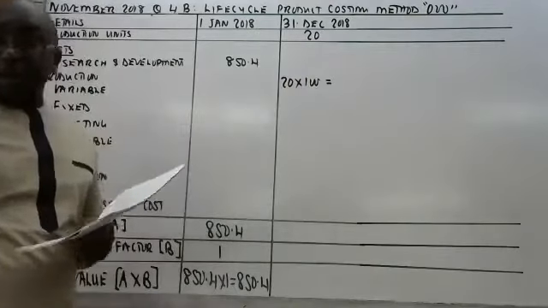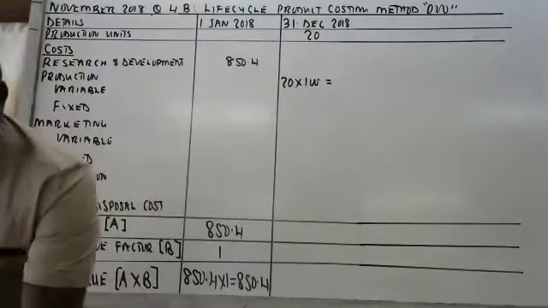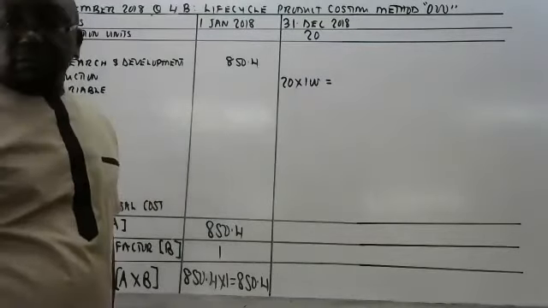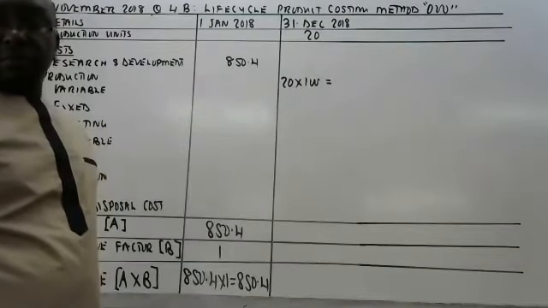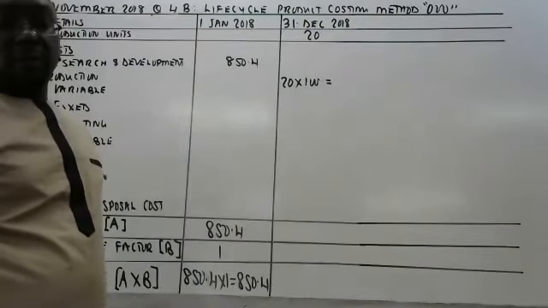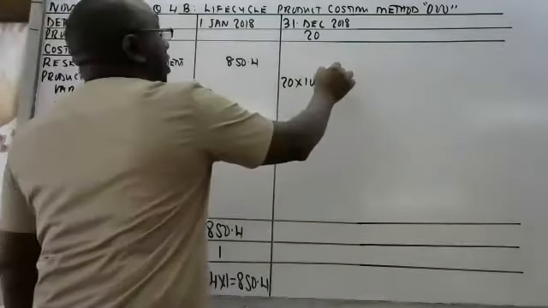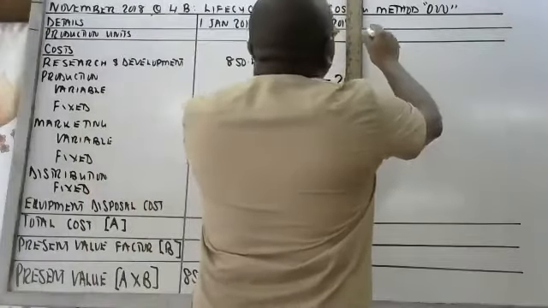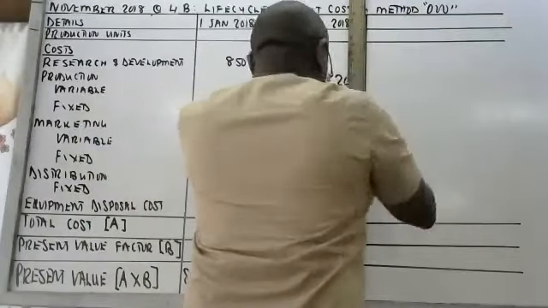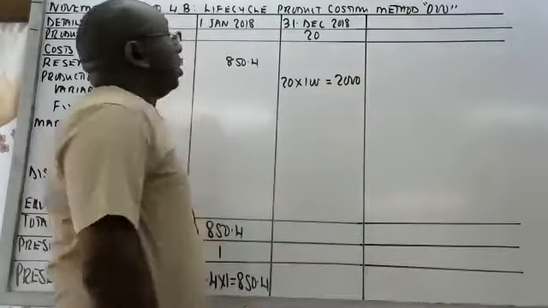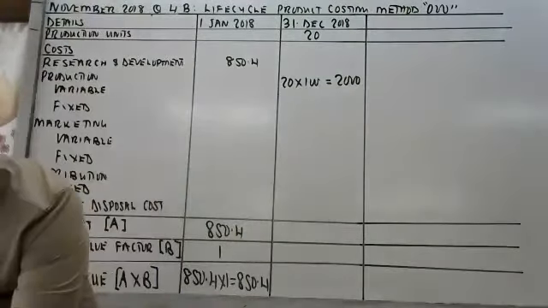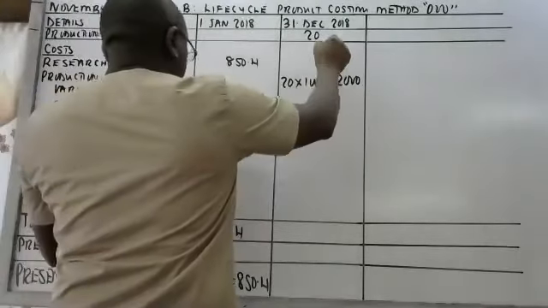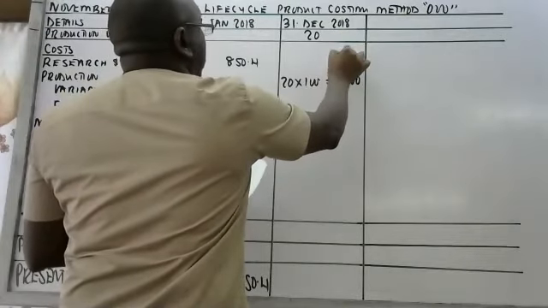How much is that? 20 times 100 is how much? Yeah, good. 2,000. So with that now, I can present my research, 200 here.